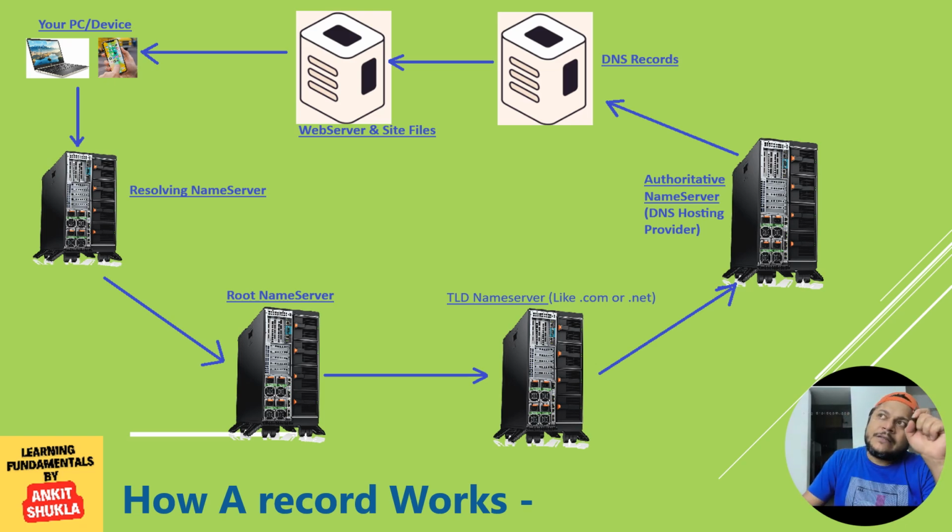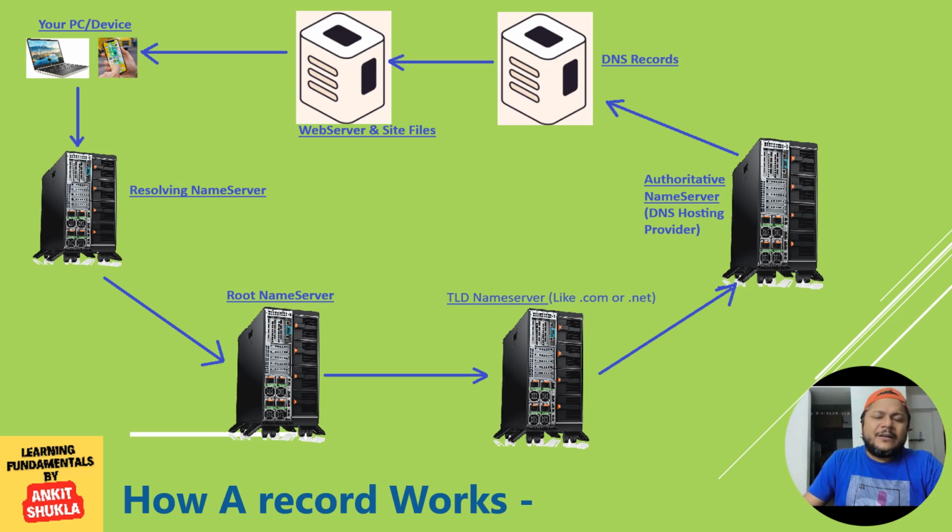Then the .com TLD server has the information about the authoritative server, which then pulls up the DNS records because it is the owner of the website where that domain was created initially. Then it refers the files which are stored for that website. There may be records, pictures, HTML documents, or whatever it is. It then fetches that information and passes it on to the web client of the source device from where the query was initiated.